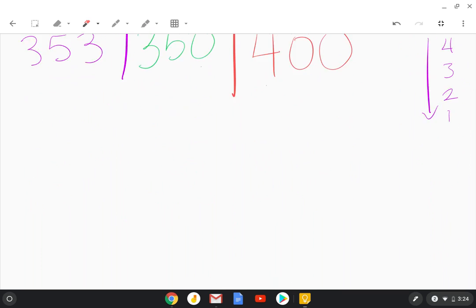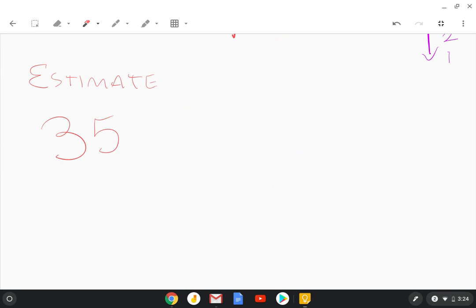Let me scroll down here. Let's say, for example, they said to estimate, write that word down, estimate, 353 minus 127, and to round it, or to estimate it, to the nearest tens place.